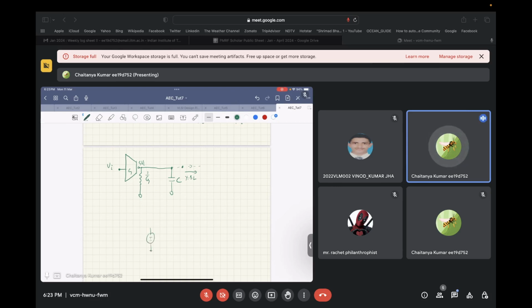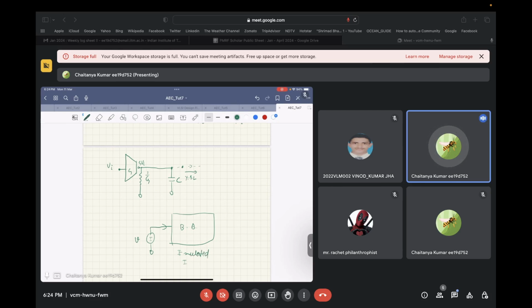If you put a voltage of V on this node, the current that this particular black box sinks in needs to be V by SL. So we are trying to emulate an inductor on the IC.